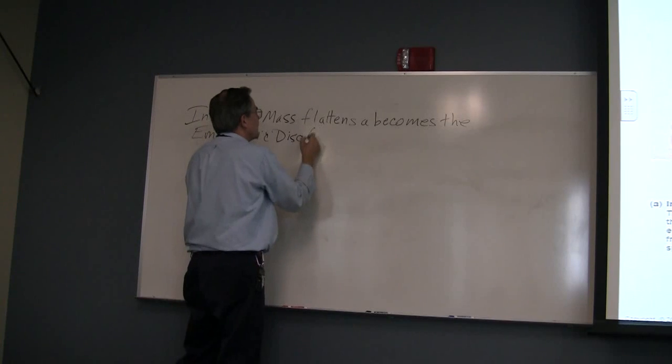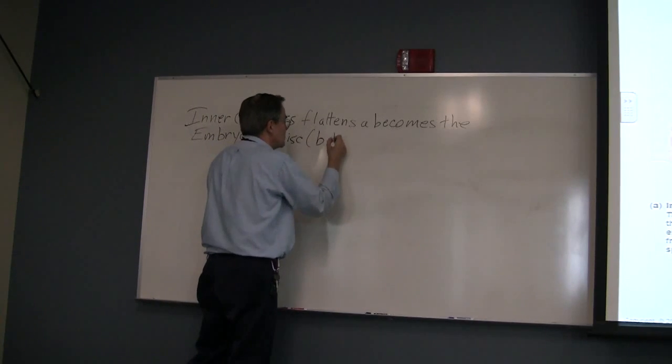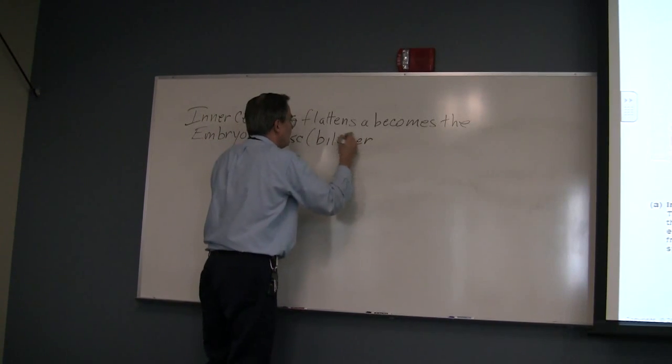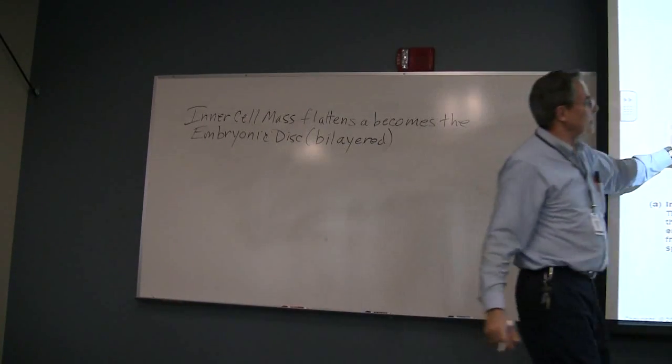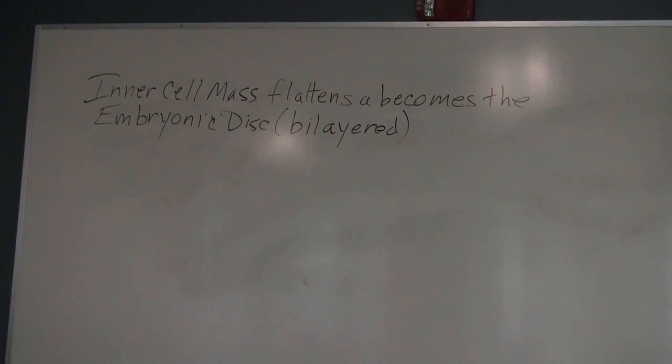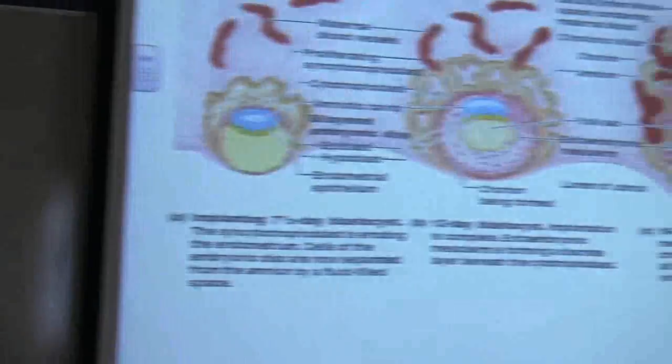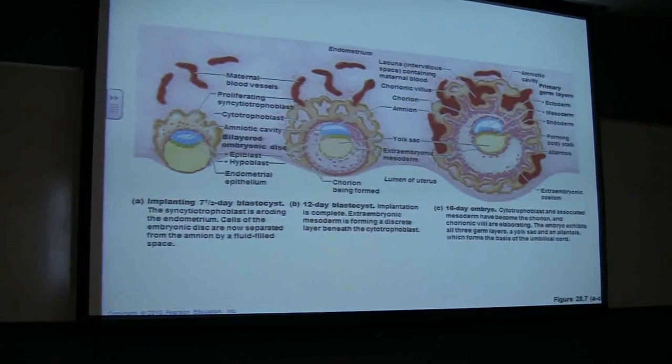And it is bilayered. It's got 2 cell layers. And that's what you see right here and here. Okay? What's then going to happen is gastrulation. And it's here that the cells begin to differentiate.